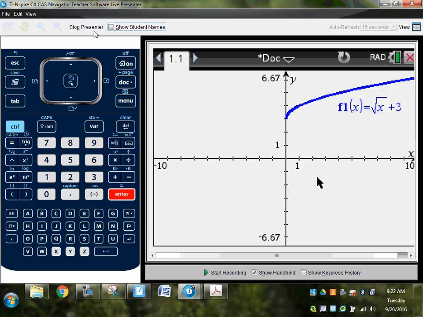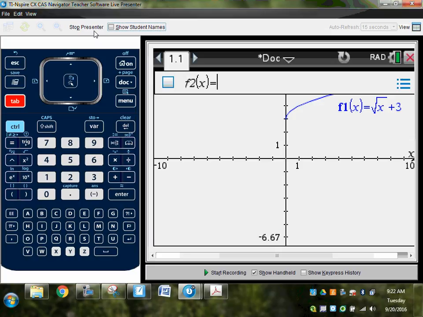Arrow over, plus 3. Now, we're going to hit enter. You're going to need to reflect that over the line y equals x. So go in. What is it, Control T or Control G? Tab to get a second one. Okay. So get a second graph on there. You're going to graph the line y equals x. I think it's Control T. Yeah. Okay. So now go in and graph y equals x.